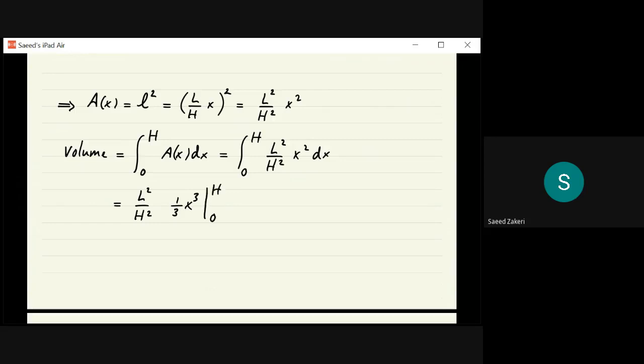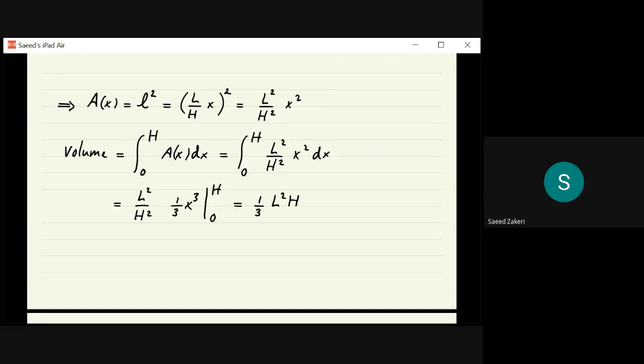When I plug in h, I get h cubed over 3. When I plug in 0, I get 0. So it's h cubed over 3, h cubed on the top, h squared on the bottom. It leaves one h on the top. And what I get is 1/3 of L squared times h.